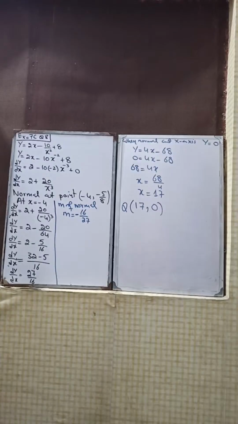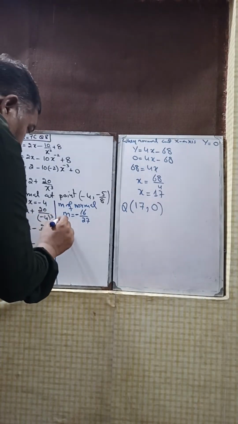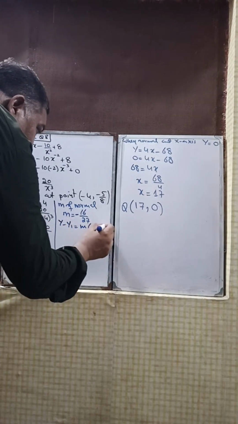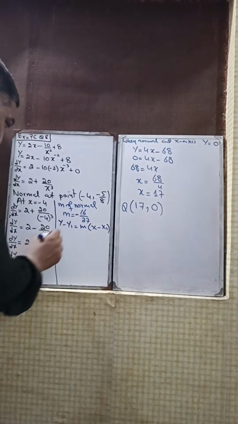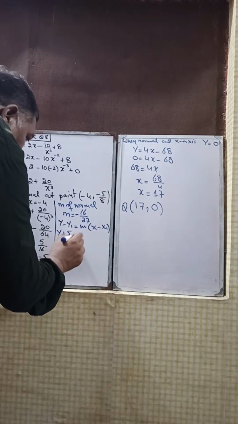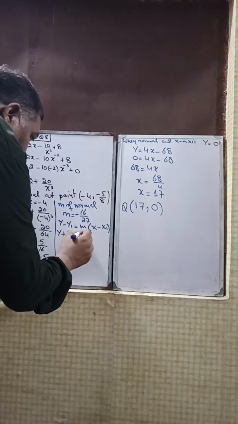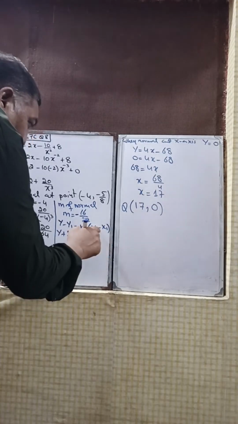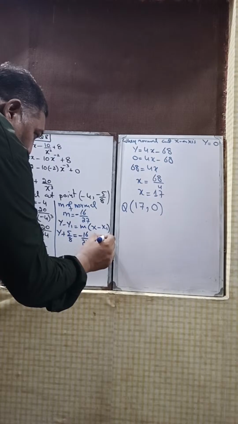Now, we will find the equation of that normal, because we know the gradient of the normal and we know the point at which the normal is touching that curve. So it is y minus y1 equals m bracket x minus x1. Put those values here. I'm going to do it directly. So this will become plus 5 by 8. This minus became positive. Just I want to make it simple. 27 into x. This is minus, so it will become plus 4.